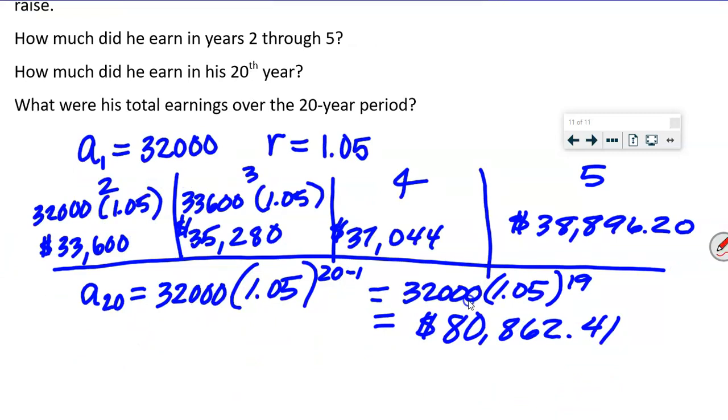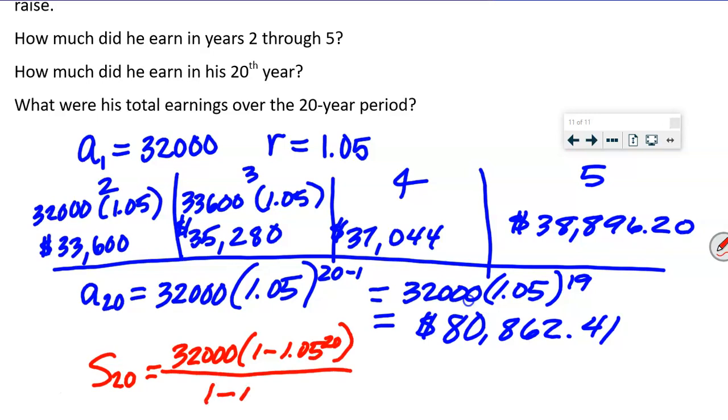So our last one is what were his total earnings. So this is going to be the sum of 20 years worth of earnings, right? So this one's going to be, again, our a1 and 1 minus the 1.05, and this time it's going to be to the 20th power, and this is then going to be divided by 1 minus 1.05. So when we do this, what we get on the top is negative 52,905.52656, and then we're going to divide that by what?